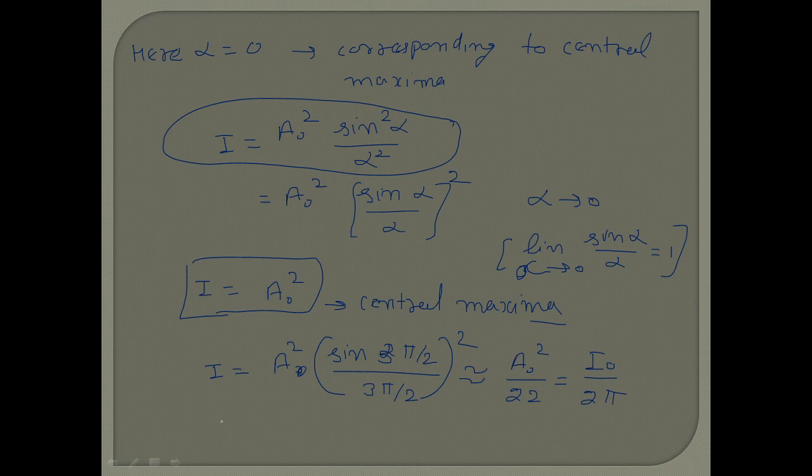Similarly, for the next value, alpha is 5 pi by 2, which gives A naught square divided by 61.